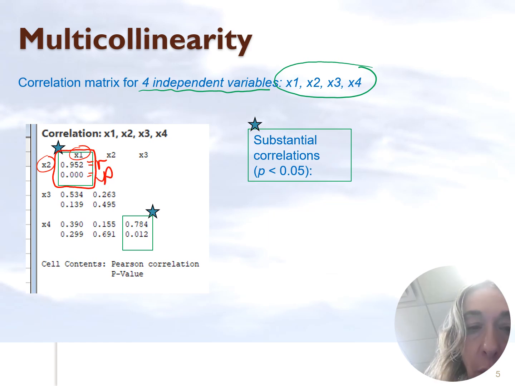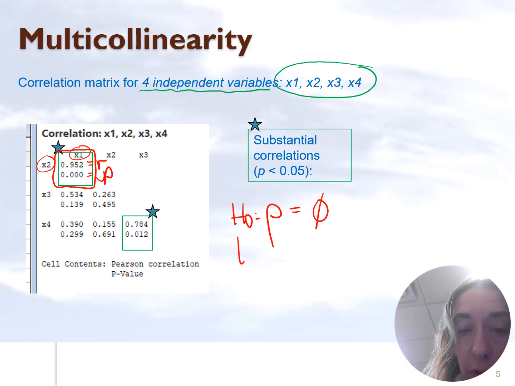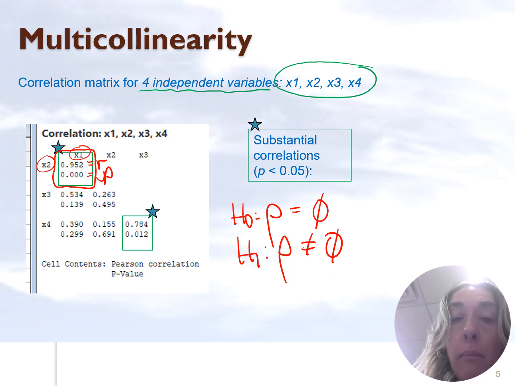The p-value is associated with a hypothesis test on the population correlation coefficient.